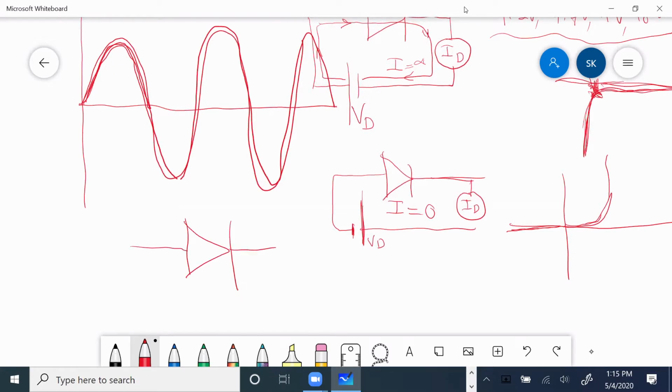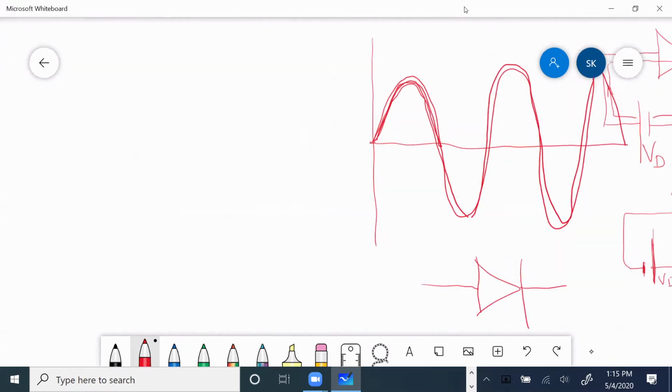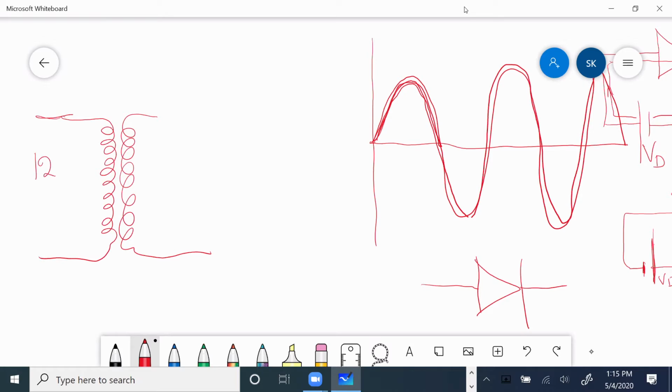How do we do this? If we, for example, get a transformer, apply 120 volt AC there.